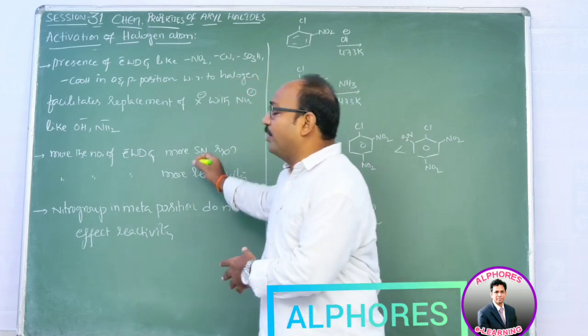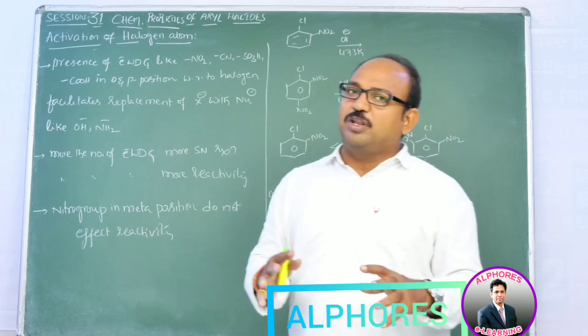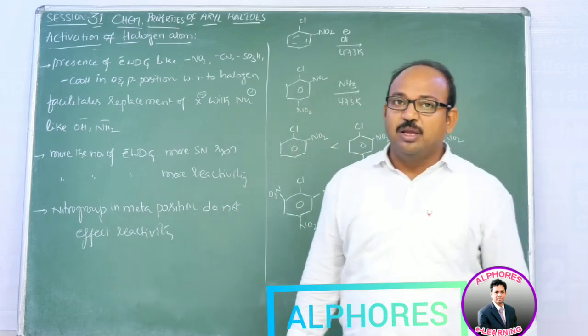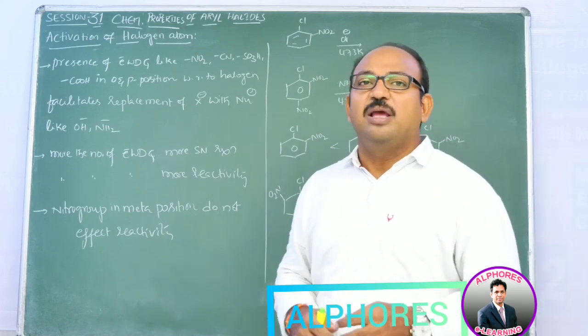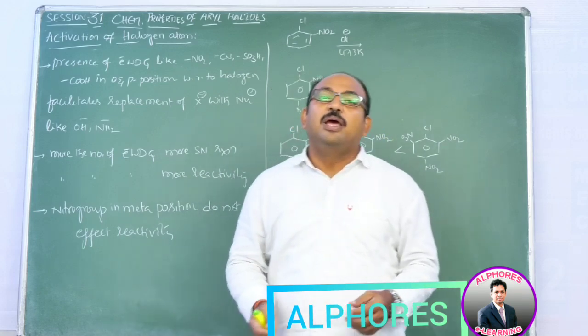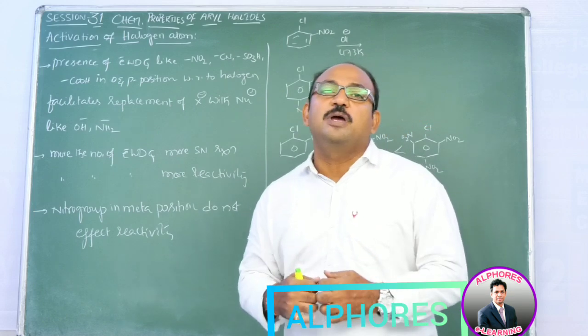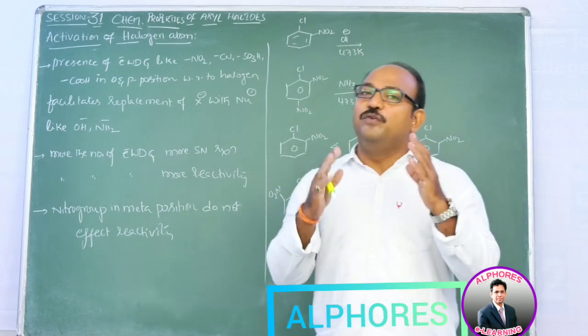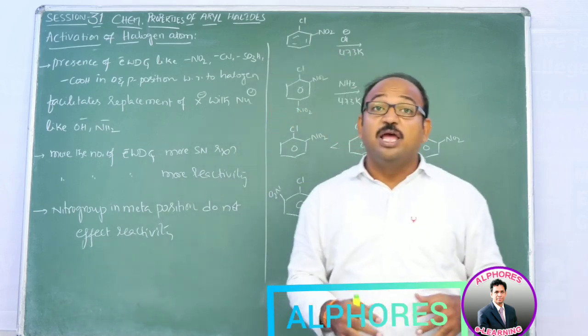And the second one: the more the number of electron withdrawing groups upon the benzene ring, the more the ease of displacement, or the more the ease of nucleophilic substitution.